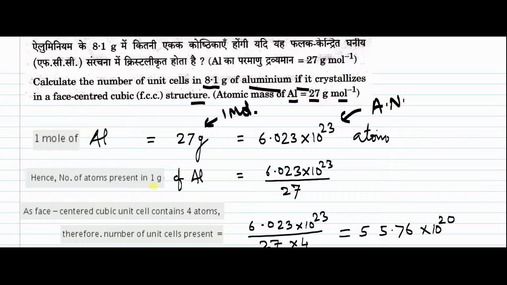Number of atoms present in 1 gram, तो 27 से डिवाइड कर दें। FCC unit cell contains 4 atoms, 4 से डिवाइड करें, therefore number of unit cells present.